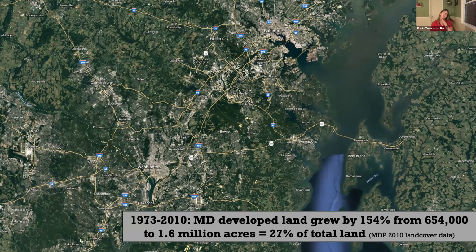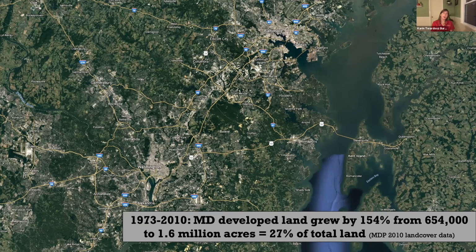So in the 37 years between 1973 and 2010, Maryland developed land grew by 154%, up to 1.6 million acres. And that's a total of 27% of the total land. So this doesn't include agricultural lands or any of that form of human development. This is just intensive pavement, commercial, residential areas.